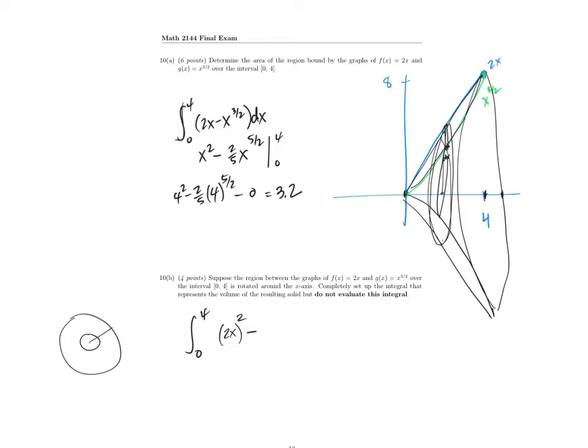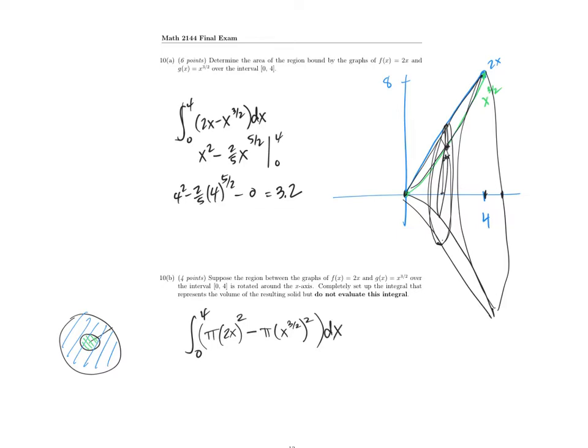So this outside circle here is going to be pi times 2x squared, minus the inside circle, this little green guy, and the area of that is pi times x to the 3/2 squared, and all of that is multiplied by the width of my little washer, and the width of that is dx.